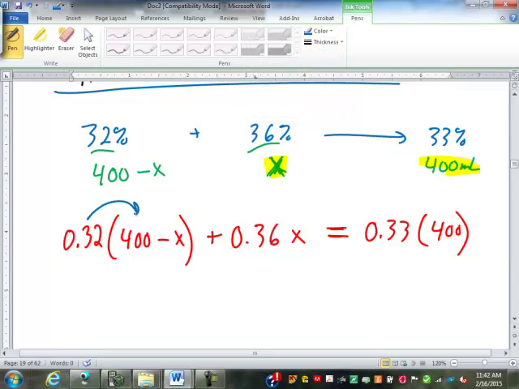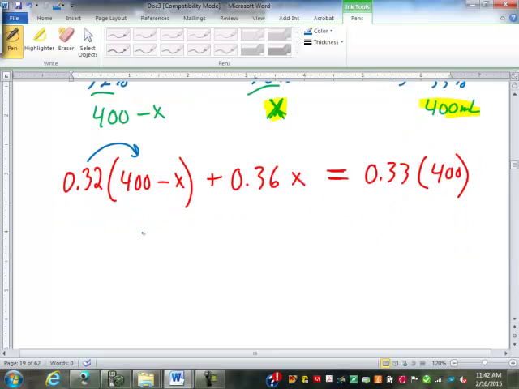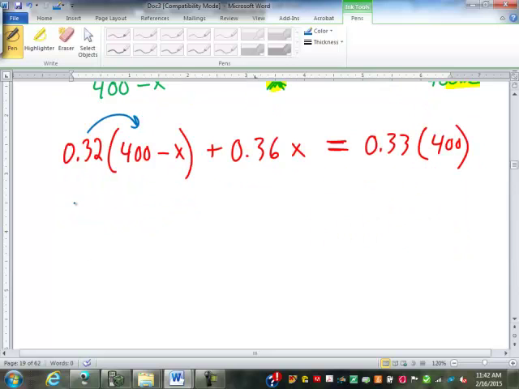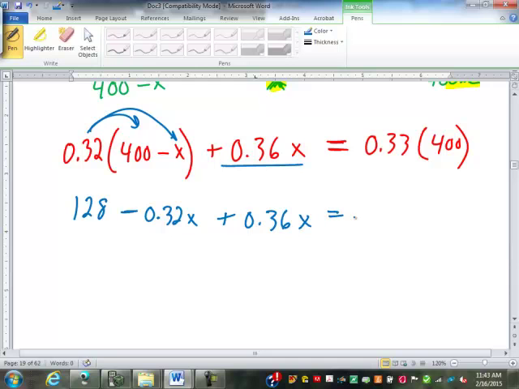And now we can do some simplifying. So we have 0.32 times 400, which is going to give us, I believe, 128. 0.32 times negative x is a negative 0.32x. Then we still have the positive 0.36x here.